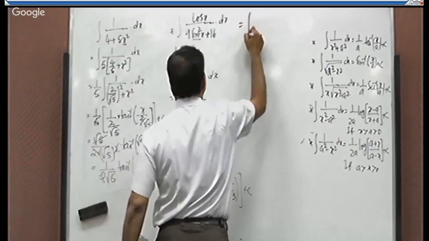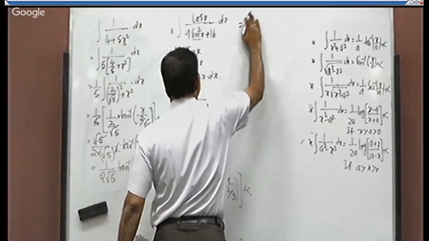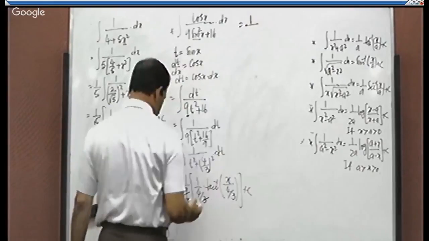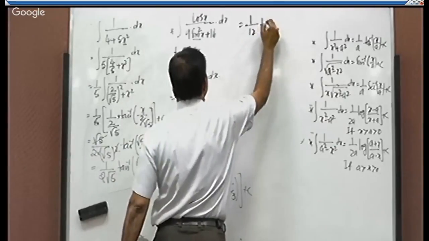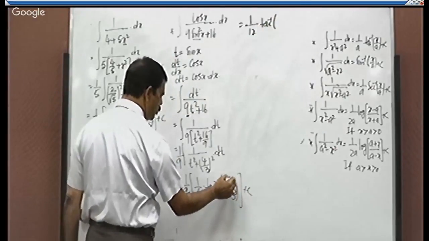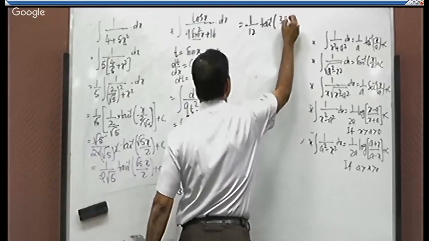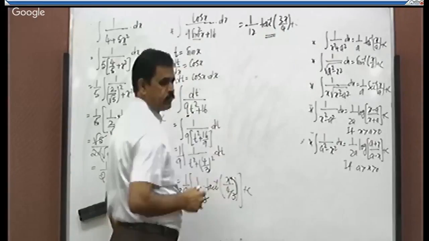That is equal to 1 divided by 3 into 4, 12, into tan inverse of 3x divided by 4 plus c. This is the answer.